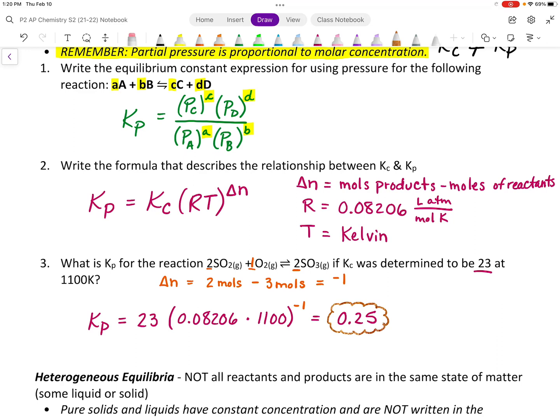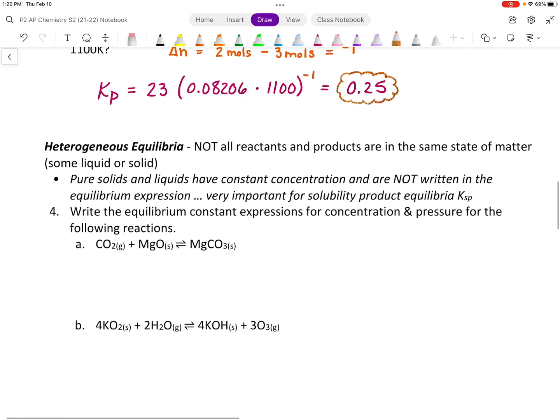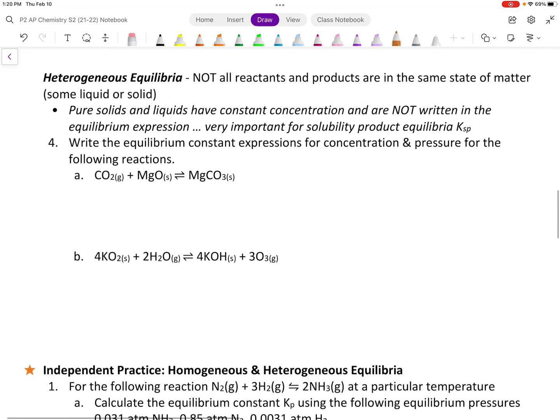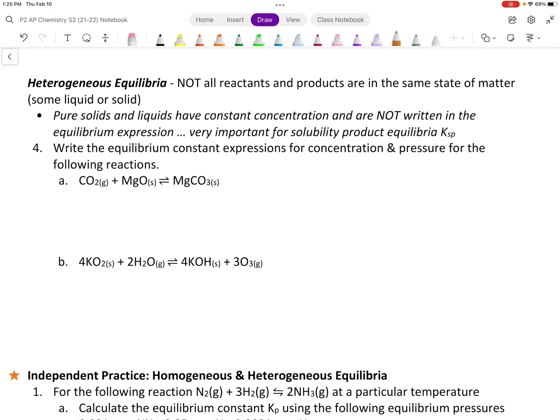Okay, so that's for if we're working with a homogeneous situation and we want to go between concentration and pressure values if we want to know what those are. For heterogeneous equilibria, not all reactants and products are in the same state of matter. Some are going to be liquid or solid, and so we have to determine what we are going to do with all of these different substances.